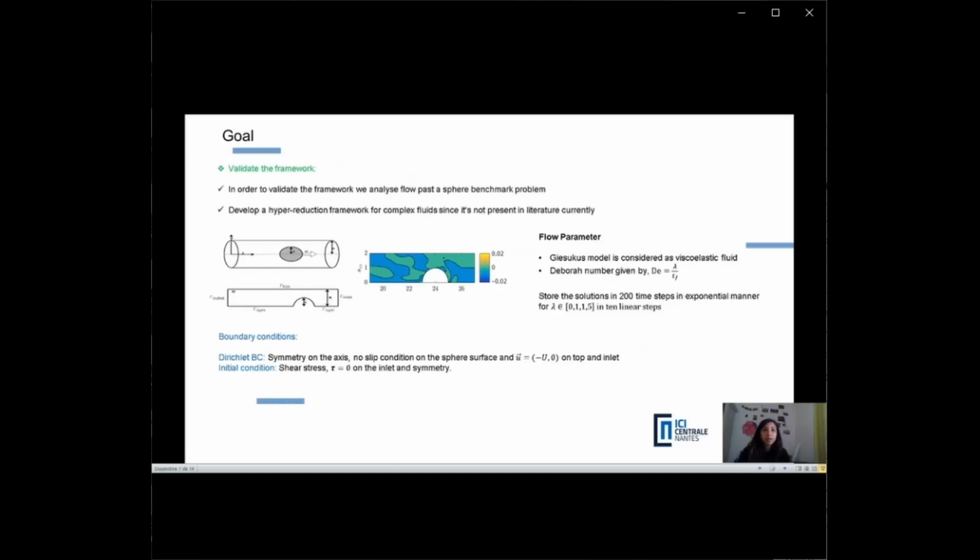In order to validate this framework, we analyze the flow past a sphere benchmark problem. We then develop a hyperreduction framework for such complex fluids. The flow parameter that we have studied is the Deborah number, which lies between 0.1 and 1.5 in 10 linear steps, and we store the solutions in 200 time steps, thus generating 2000 snapshots.